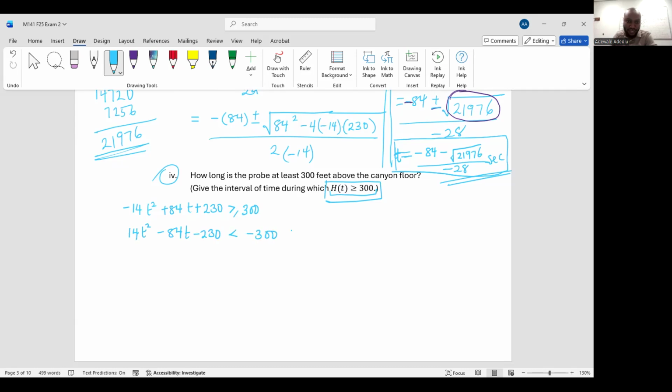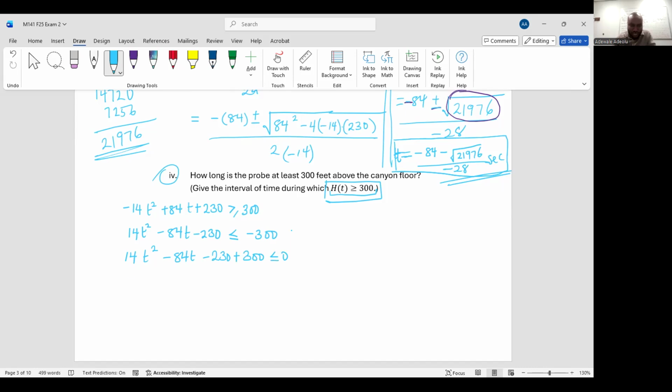Now I need to change this sign because I multiplied through by negative. Remember the rule for inequalities: it will change. Now, I can bring 300 to this side, so I have 14t squared minus 84t minus 230 plus 300 less than or equals to 0.